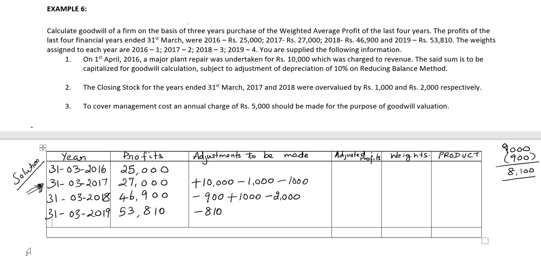We need to add back overvaluation of opening stock. So we'll add back 2,000 rupees. The third point, to cover management cost, an annual charge of rupees 5,000 should be made for the purpose of goodwill valuation. So every year we will deduct 5,000 rupees.